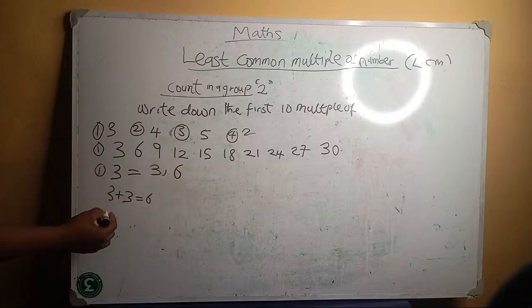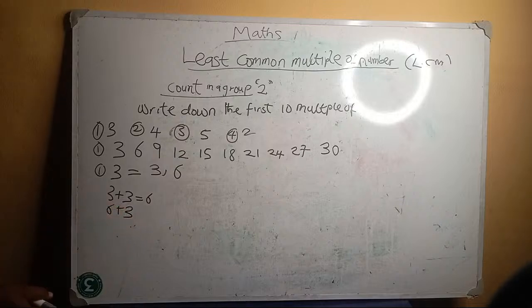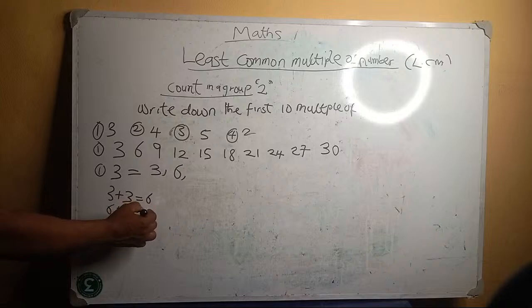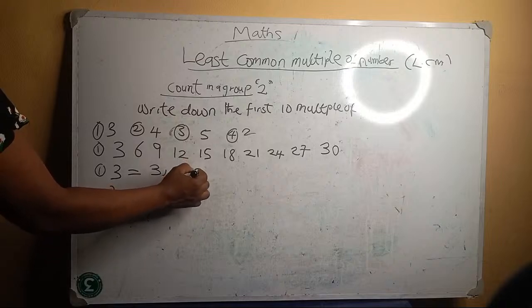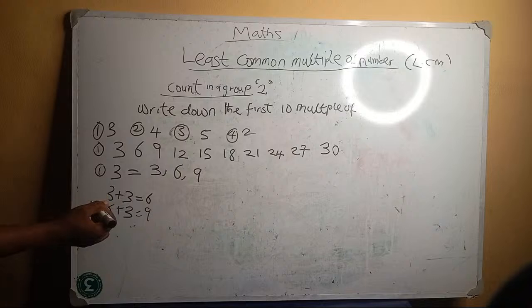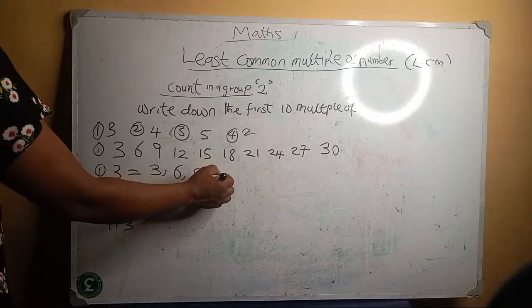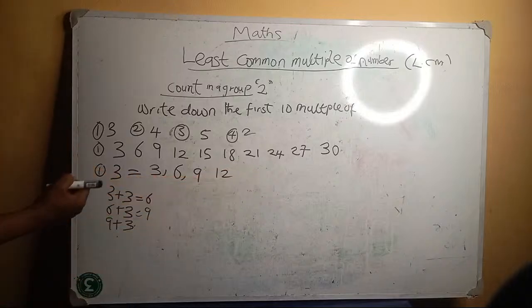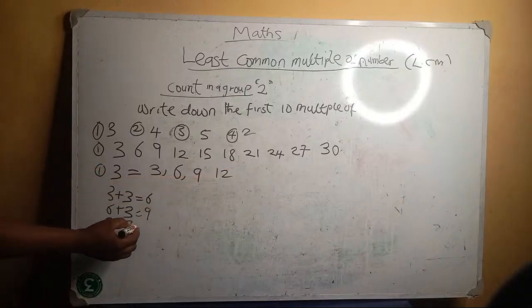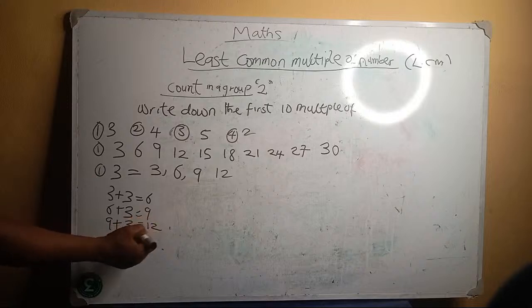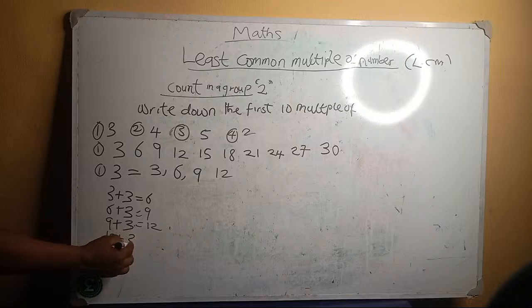Then coming again, you say 6 plus another 3 is equals to what? 9. You put this 9 here. Then you say this 9, that is the answer now, plus another 3 again is equals to what? 12. Then you say 12 plus another 3 again.